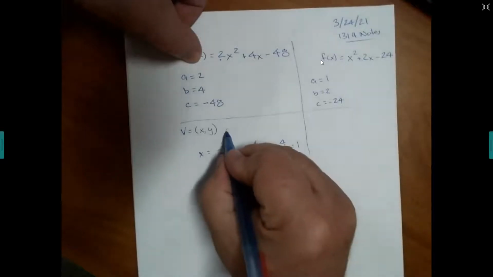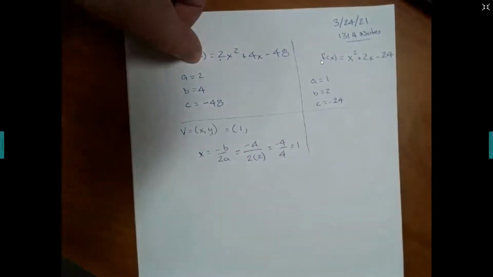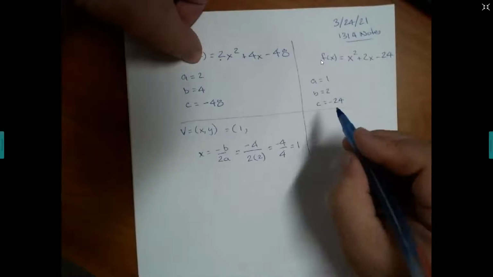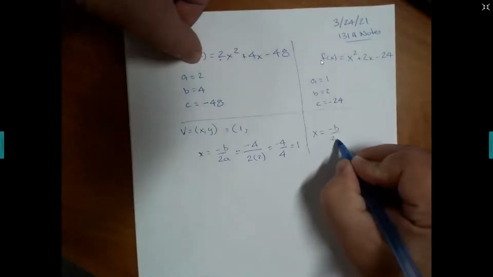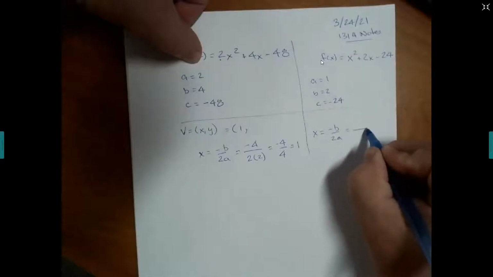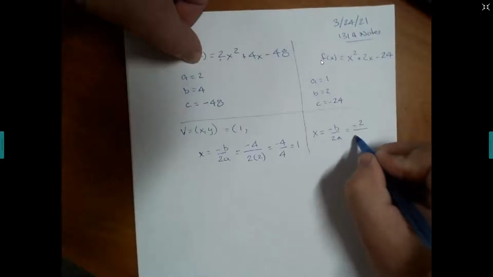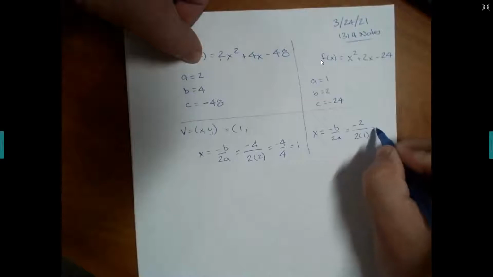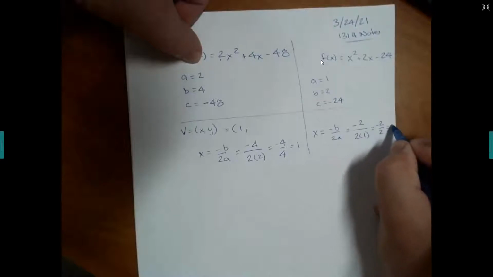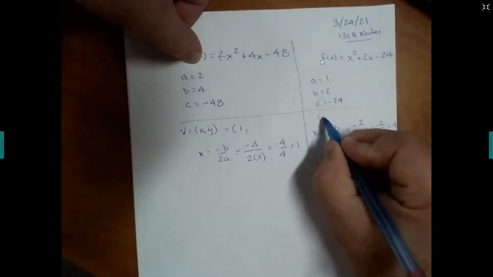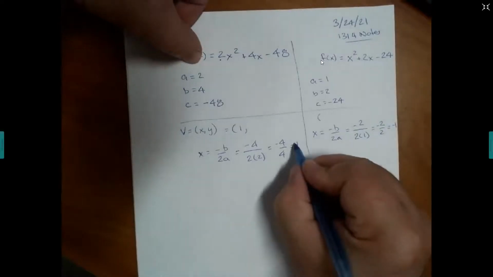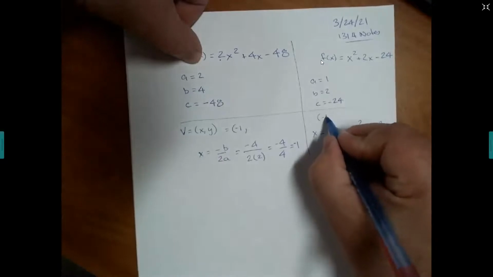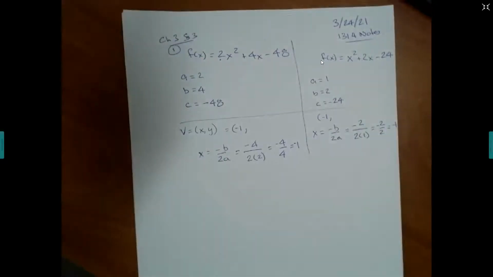Wait, I'm sorry, that's negative 1. So that's the x component, negative 1. Let's try this also the other side. Negative b over 2a: negative b is negative 2, over 2 times 1, negative 2 over 2 is negative 1. So far so good.